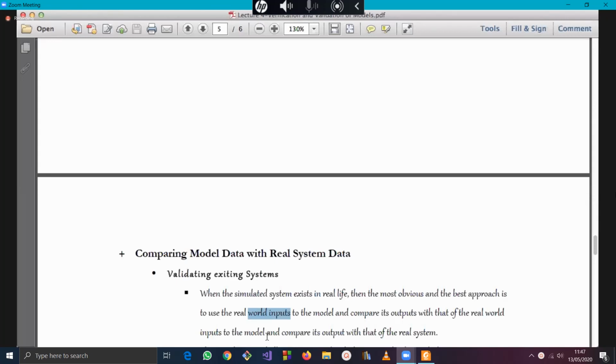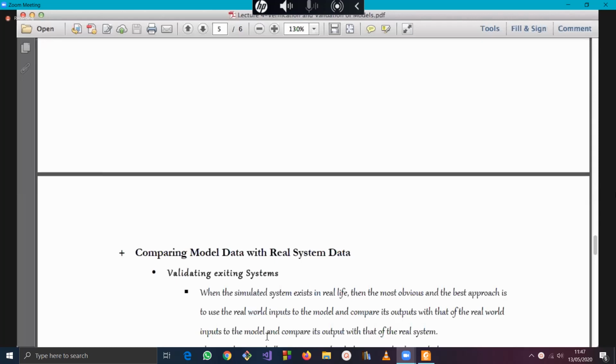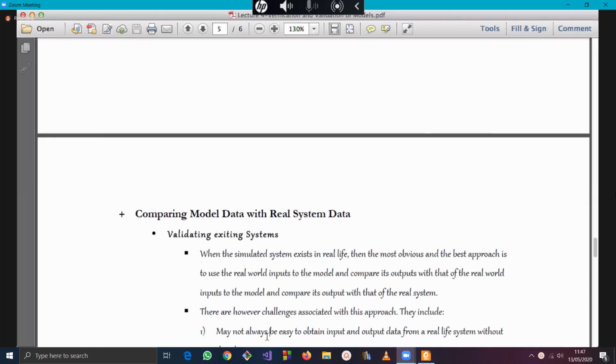You cannot pick any other data which is different. So that's what that first bullet is trying to explain: use real world input and compare it with the real world output that's expected.